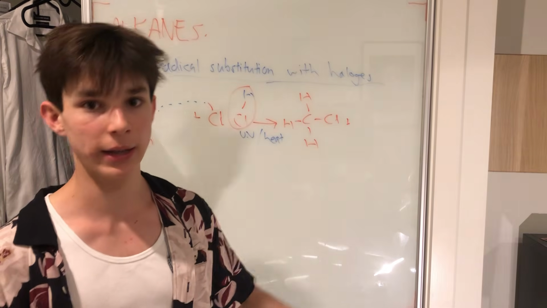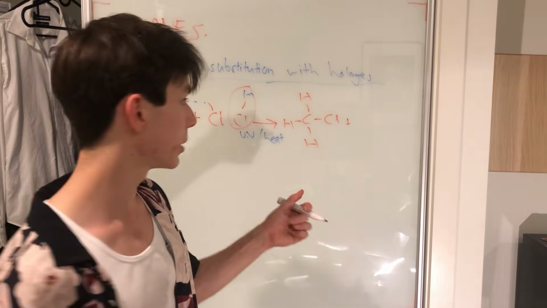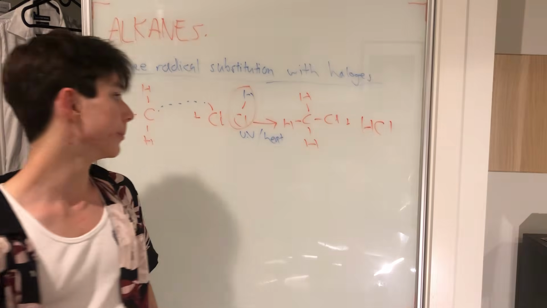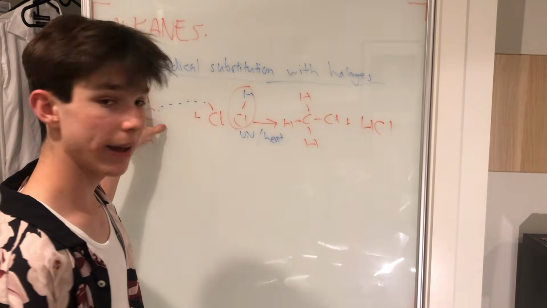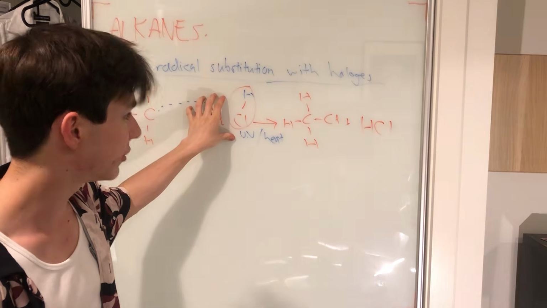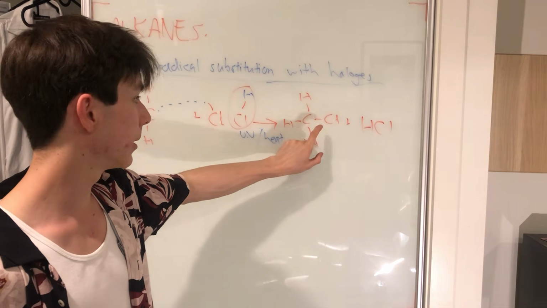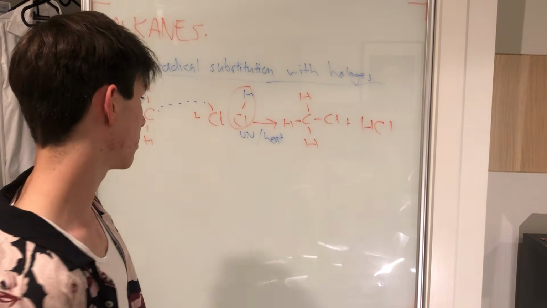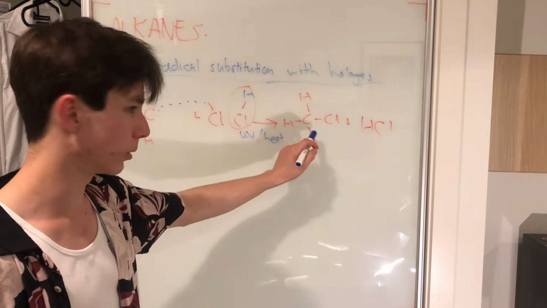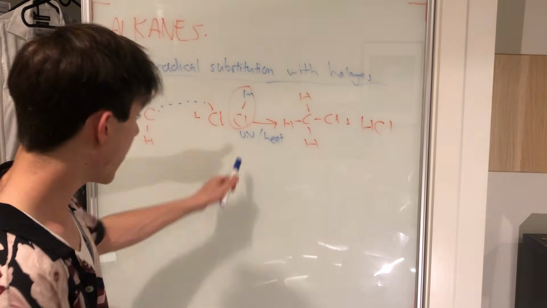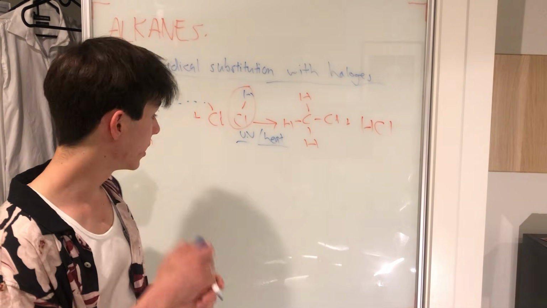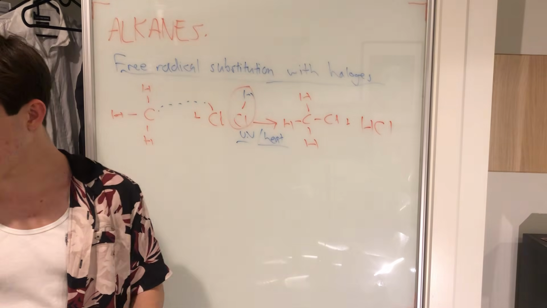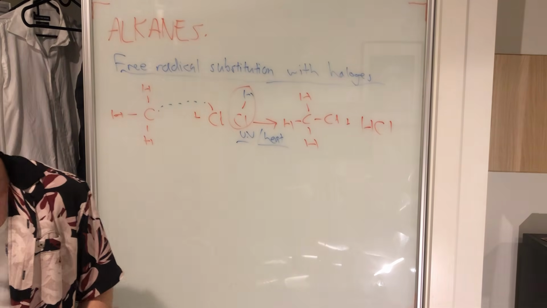So HCl, HBr, HI, but obviously HCl, well, that's hydrochloric acid, isn't it? So alkane plus halogen gives you haloalkane plus hydrogen halide, yeah? And that's just an example. That's methane plus chlorine gives you chloromethane plus hydrochloric acid. And the condition for this reaction to occur is UV or heat, because we need to break that diatomic molecule into two chlorine radicals. So that's just an example.